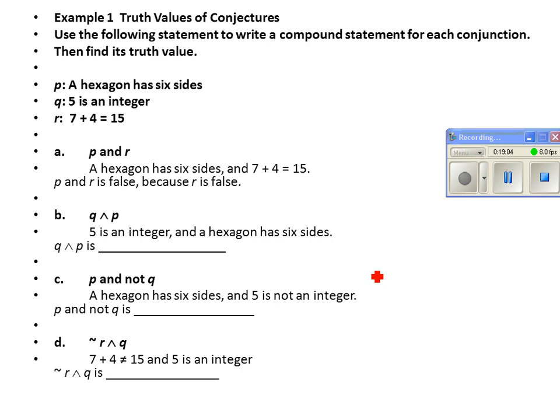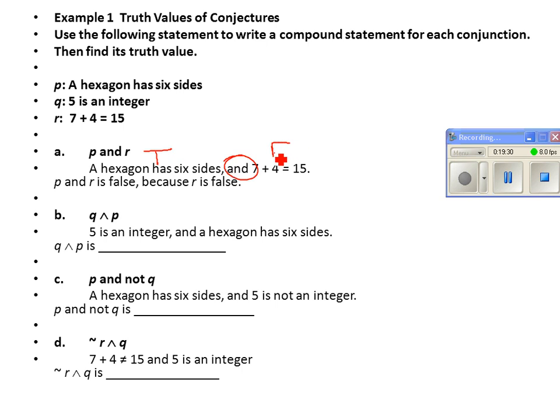Good, a hexagon has 6 sides. And remember we have that word and there. 7 plus 4 equals 15, that's R. Does the hexagon have 6 sides? Yeah. And this is how you should do these statements to decide whether they're true or false. Yes, a hexagon has 6 sides, so that part is true. 7 plus 4, does that equal 15?